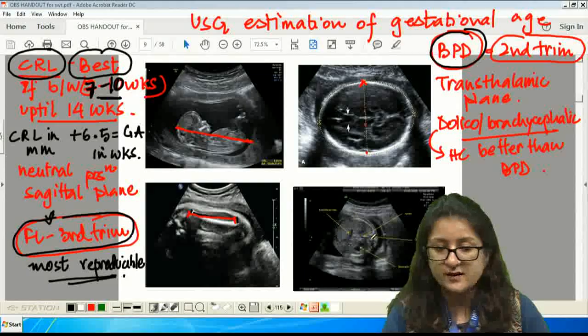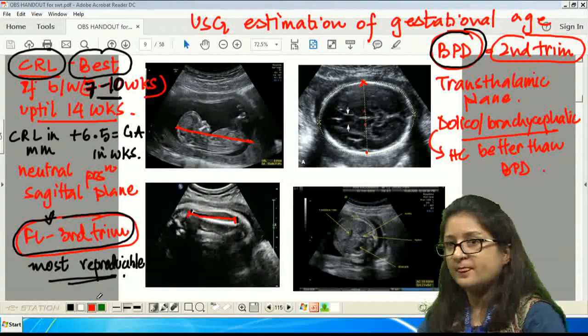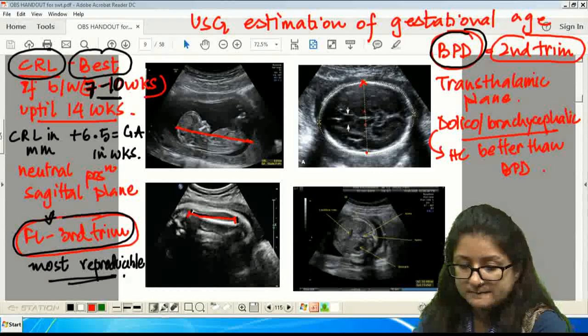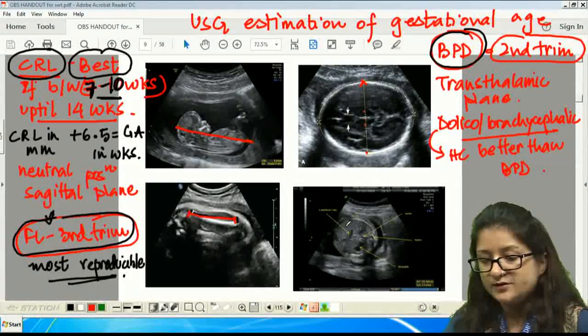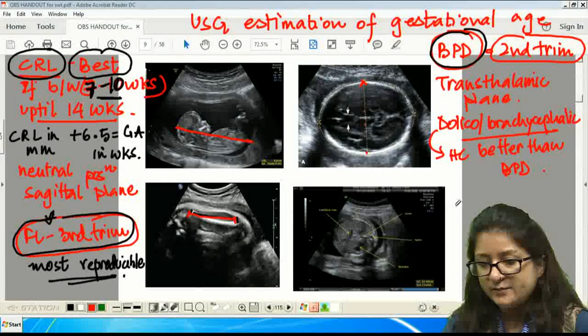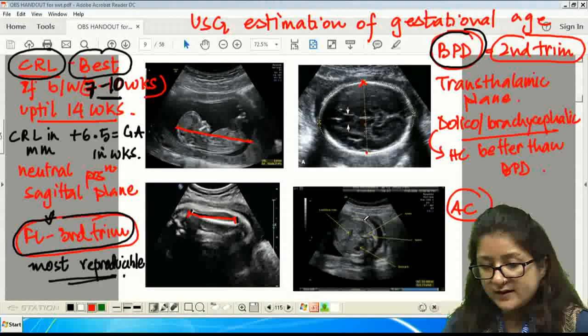And in this figure, what we are measuring is the abdominal circumference, measured on the outer border.